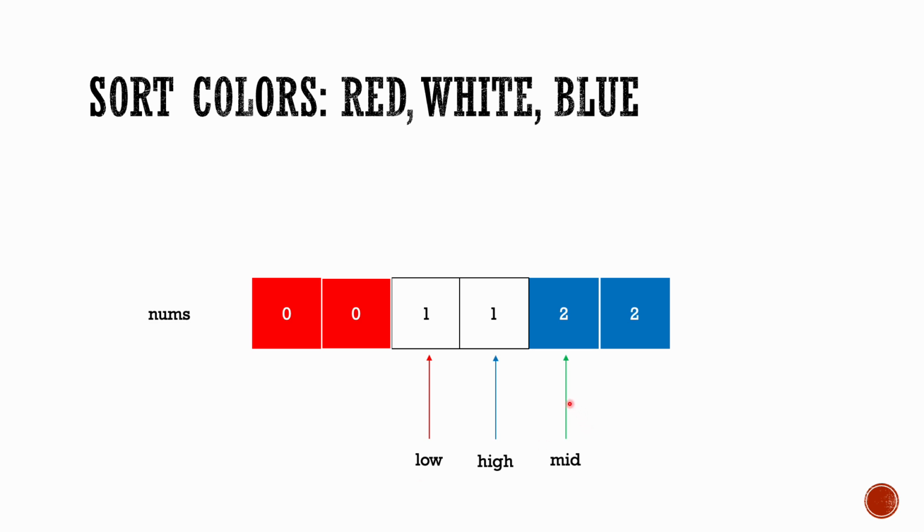Now we see that mid exceeds the high index. This is where we have actually sorted the array based on the colors red, white and blue, and our while loop ends here, when mid becomes greater than high. So this is our stopping condition: mid greater than high.